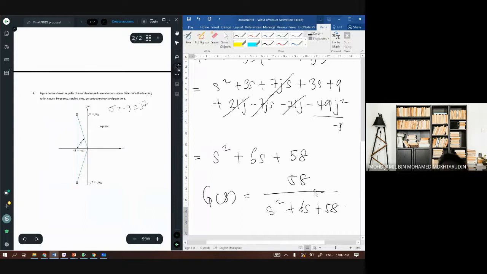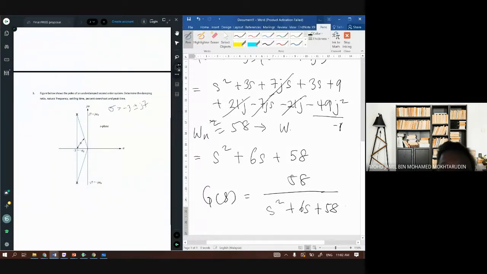Natural frequency omega n squared equals 58, so omega n equals square root of 58. For damping ratio, you just rearrange, so damping ratio equals 3 over square root of 58. It's between 0 and 1, so it's underdamped, correct.